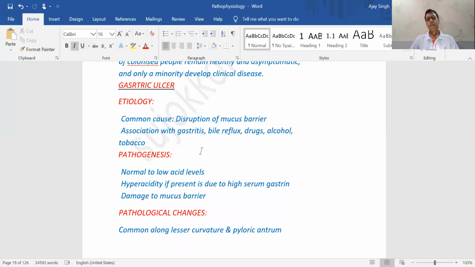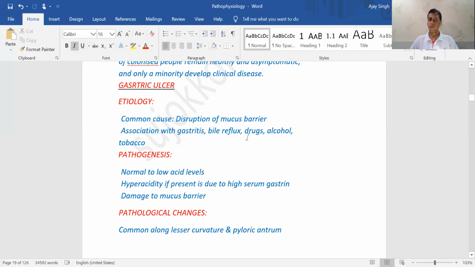So gastric ulcers, the common cause is the disruption in the mucous barrier, and it can be due to drugs, say painkillers and steroids. These kinds of drugs can damage the mucosal membrane.